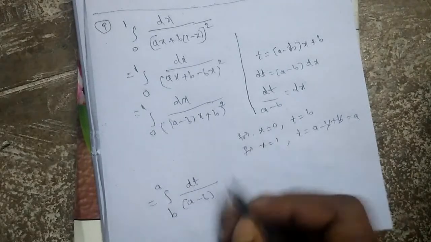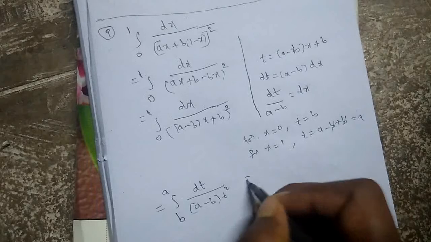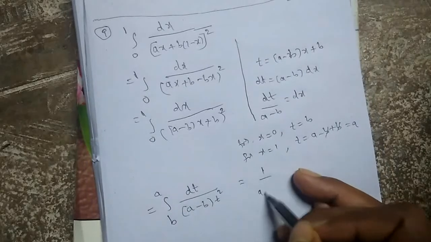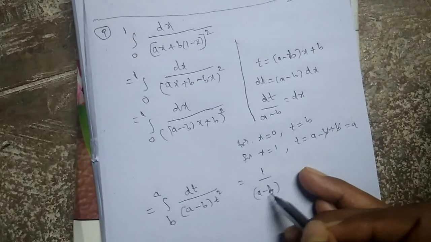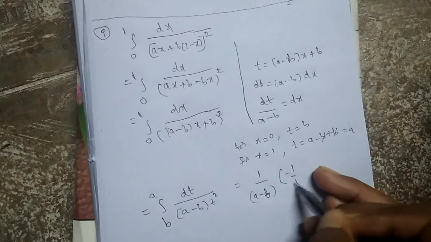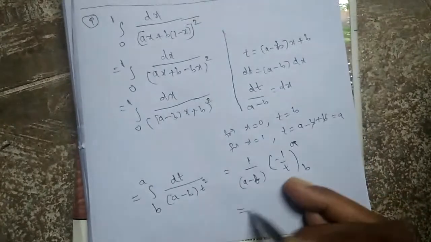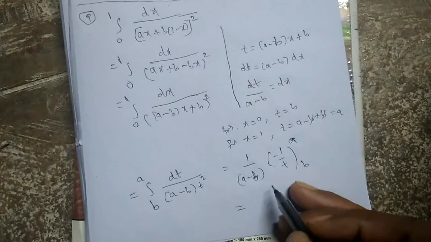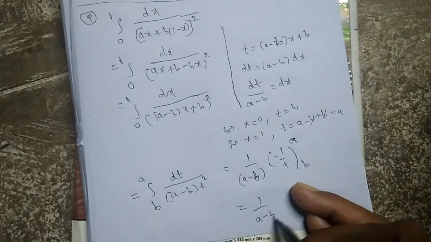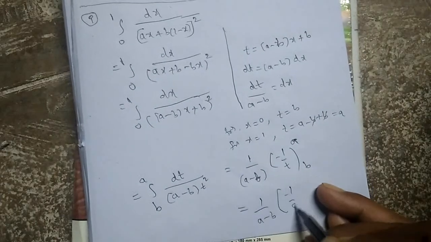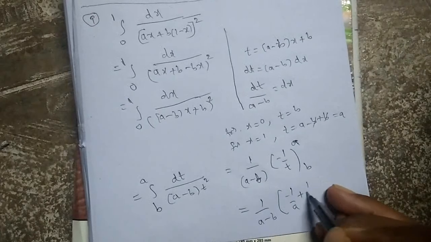This whole term is t square, that is 1 by a minus b. Integral 1 by t square is minus 1 by t. Limits are b to a, that is 1 by a minus b, minus 1 by a plus 1 by b.